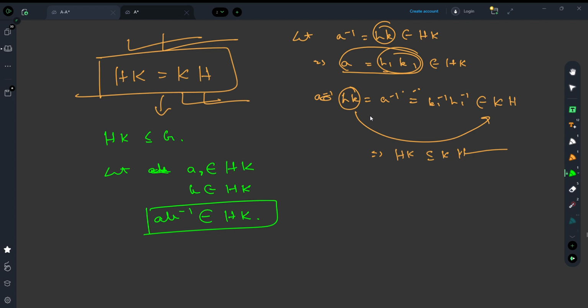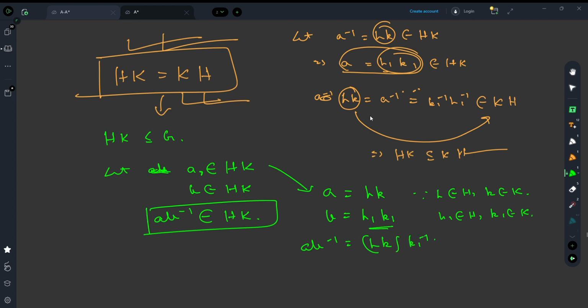Now, obviously, since A is an element of HK, A must be some form of small h small k. B must be some form of H1K1, since H1 is in capital H and K1 is in capital K, right? But then what can I say about AB inverse? Obviously AB inverse is hk times the inverse of H1K1, which is hk K1 inverse H1 inverse.